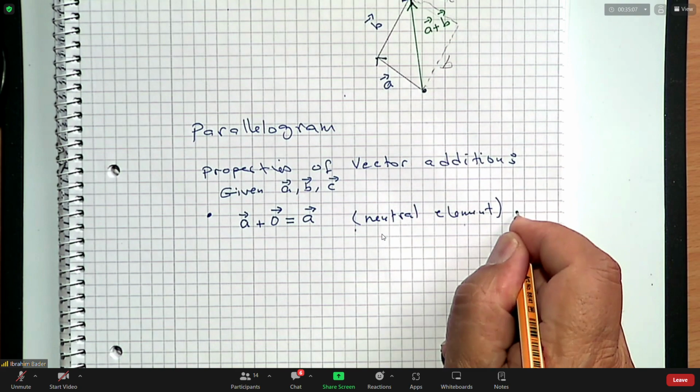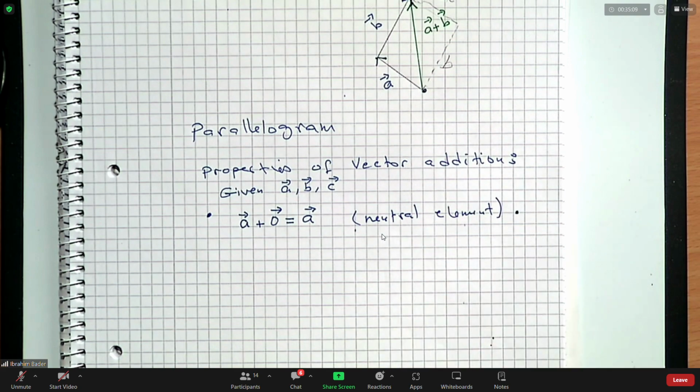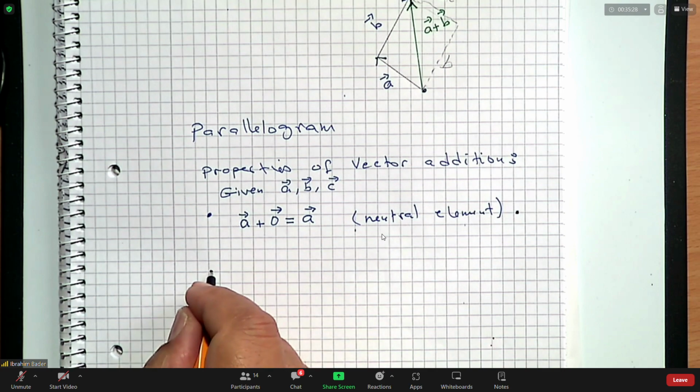It has no direction and no magnitude. Obviously the magnitude of the zero vector is 0. So geometrically this is just a point, and if you add it to any other vector, it will result in the same vector. So this is the neutral element.